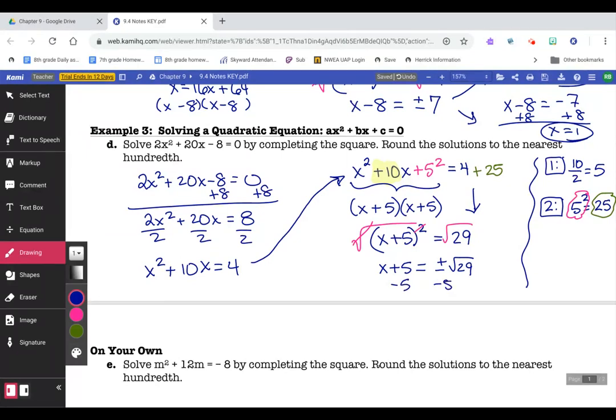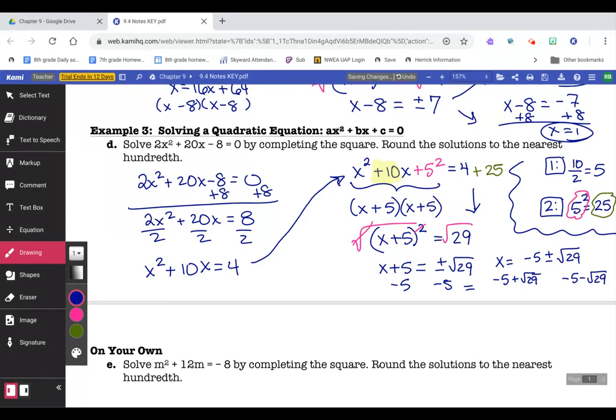So your final answer, well, not final, but you'll have x is equal to negative 5 plus or minus the square root of 29. And you're going to put that into your calculator 2 different ways. So we'll have negative 5 plus the square root of 29 and negative 5 minus the square root of 29.